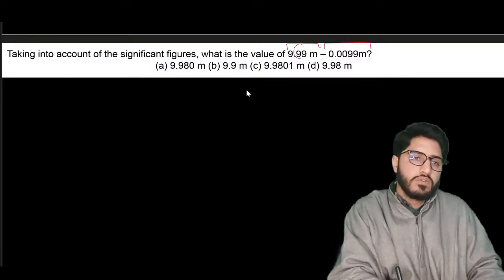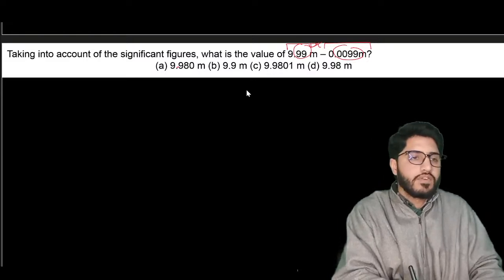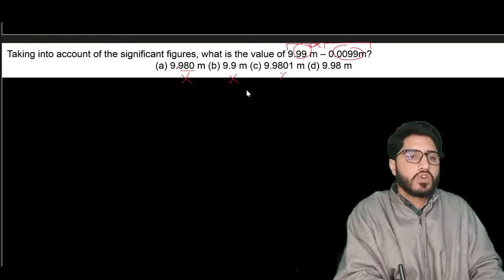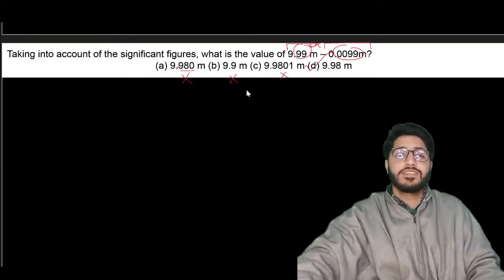Here we have two, and here we have 5. So the answer will contain only 2 digits after the decimal point. Here we have 3, wrong answer. 4, wrong answer. Here, 2. That's option D, the correct option. Within 3 seconds now you can do it.